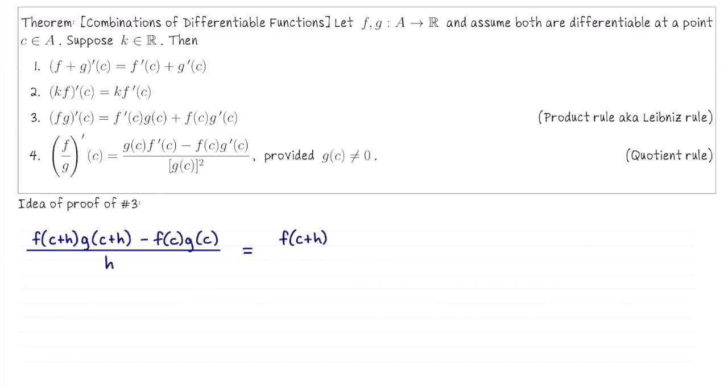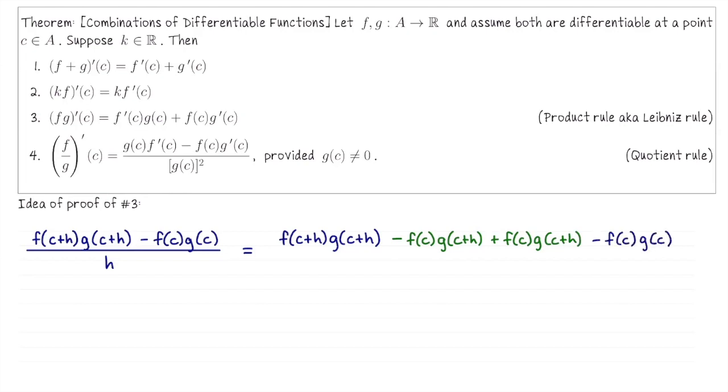So here's my first term. Now what I'm going to do is keep g of c plus h like it is, but change the first one to f of c. So from this term, let's subtract f of c times g of c plus h. But I got to add that back so that I don't actually change anything. And now let me take off f of c g of c.